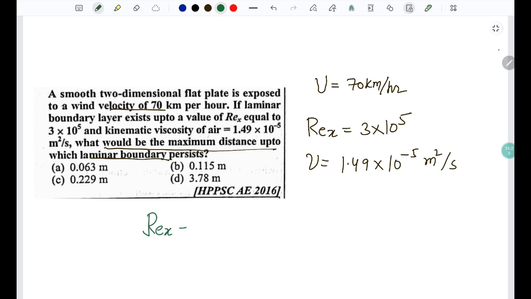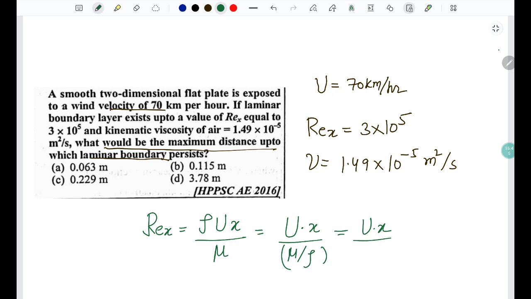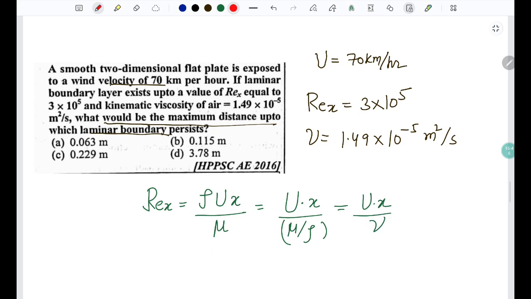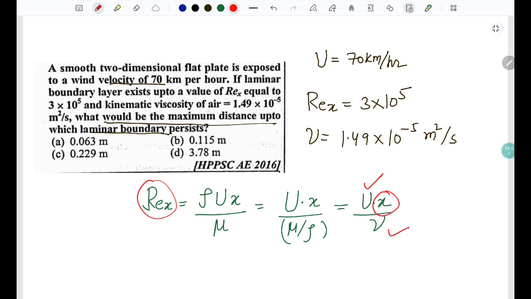We know Reynolds number is written as rho u x upon mu. In terms of kinematic viscosity, we can write it as u x upon nu. So in this question, Rex is given to us, velocity is given to us, the kinematic viscosity is given to us. We have to find the x.